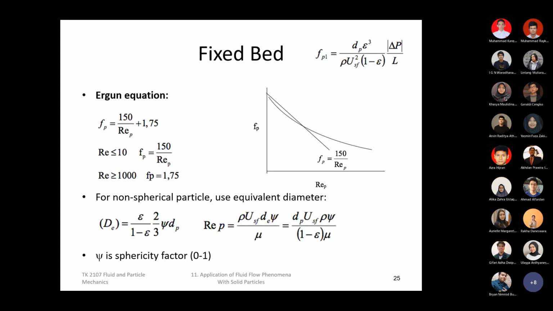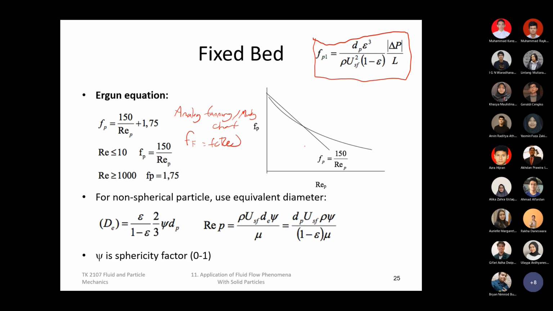Okay, so I told you before that the Fp can be calculated using this formula, but it can also be approximated based on the Reynolds particle. The same thing as the Fanning and Moody chart, where you can calculate F as a function of Re.